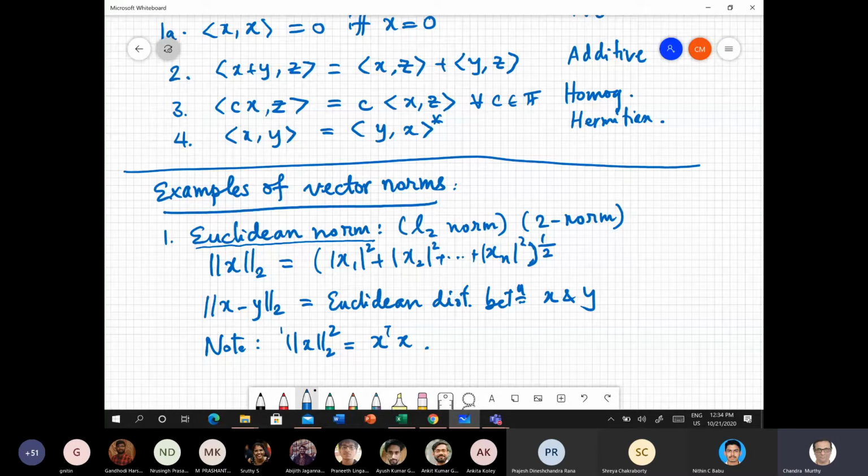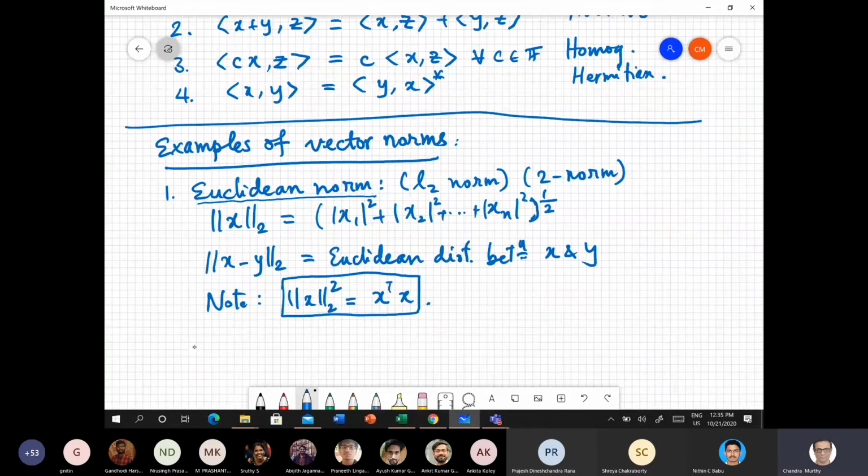It's a very useful formula, and it gives you an algebraic way of writing the Euclidean norm. The L2 norm of x minus y measures the Euclidean distance between x and y, meaning our conventional notion of length between x and y.